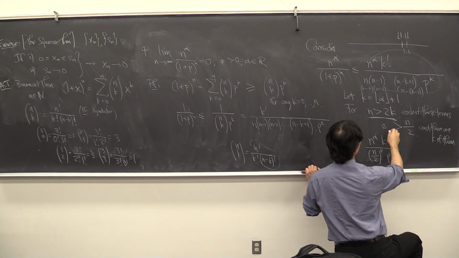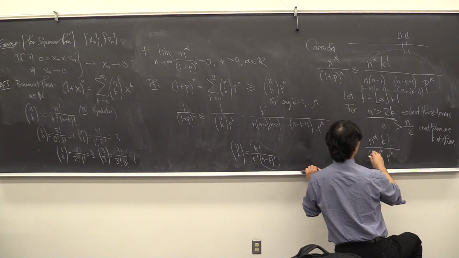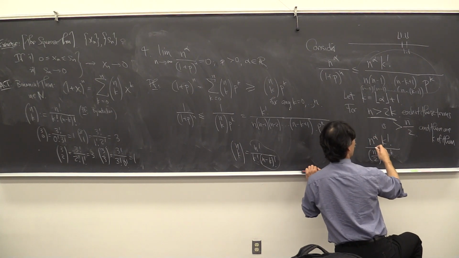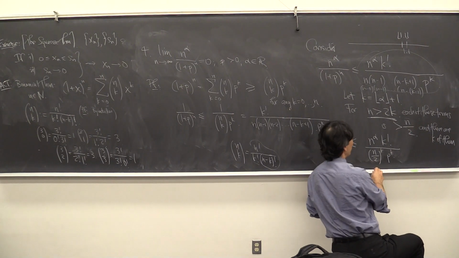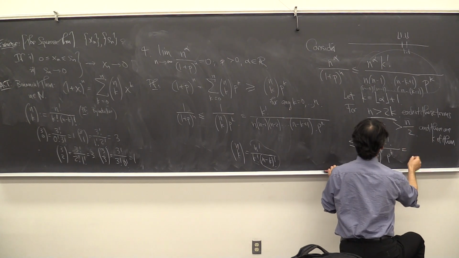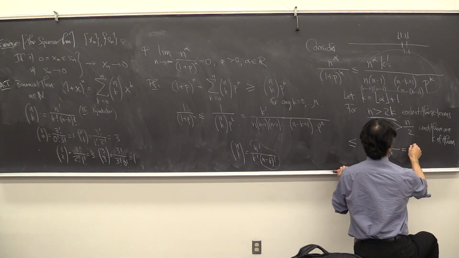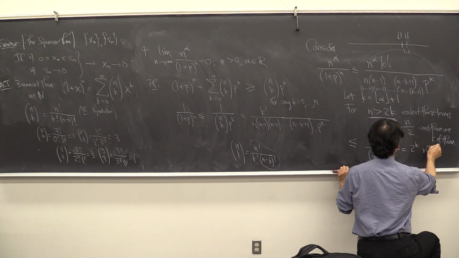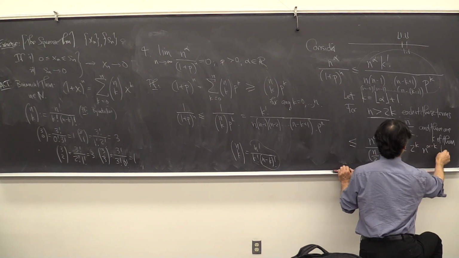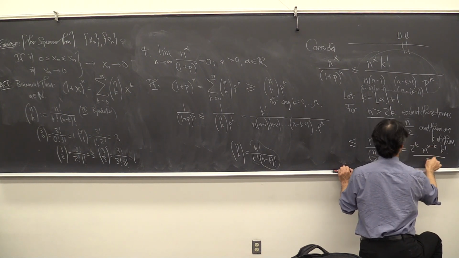Because each of those guys is bigger than n over 2. So the thing is smaller than 1 over n over 2 to the k, which is the same thing as 2 to the k, n to the alpha minus k, k factorial over p to the k.